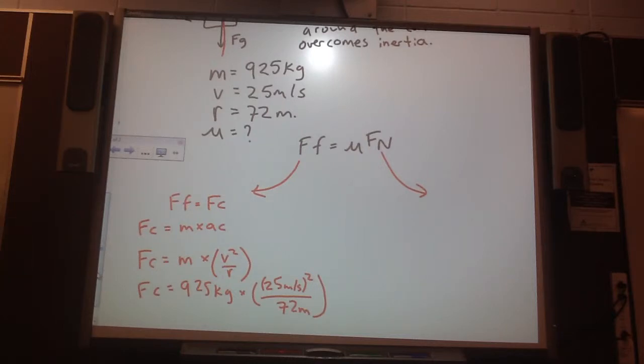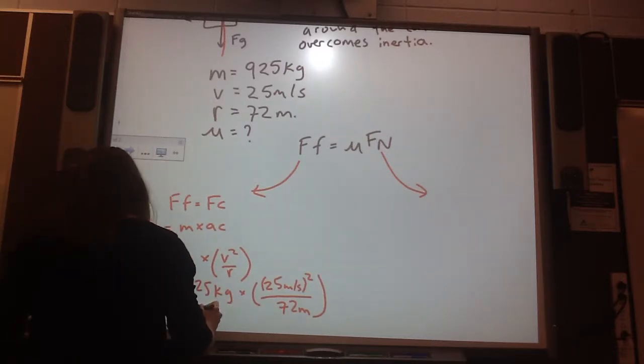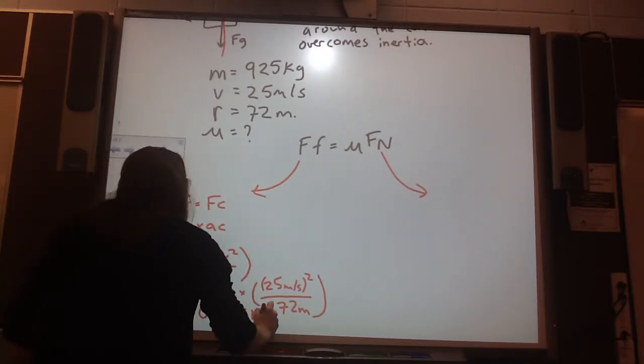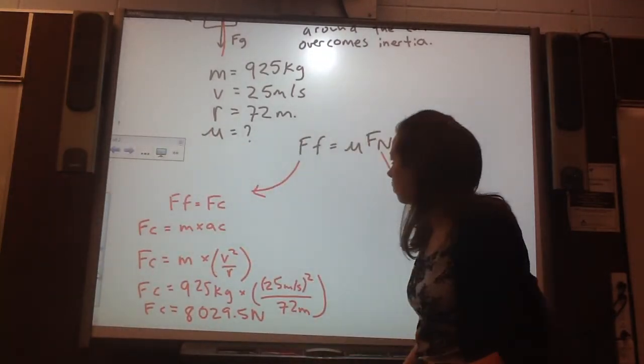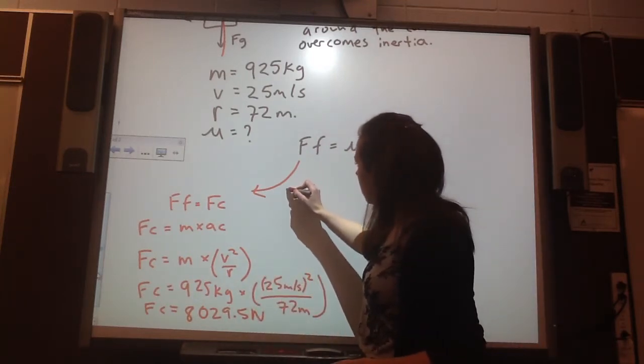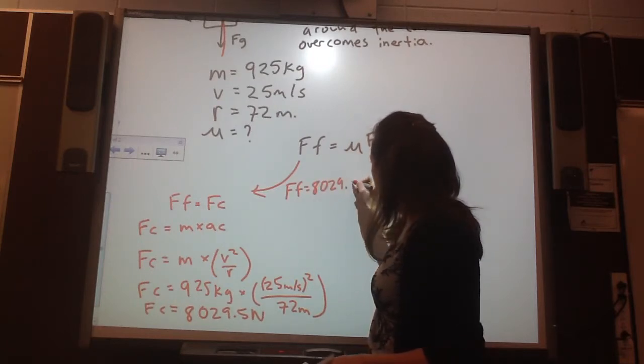I keep my value and the units in the brackets just so I stay organized. So my FC is equal to 8,029.5 newtons. Because I said FF is equal to FC, FF is equal to 8,029.5 newtons.